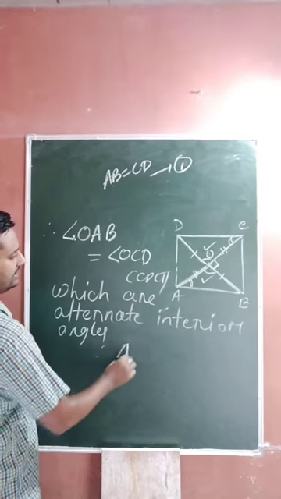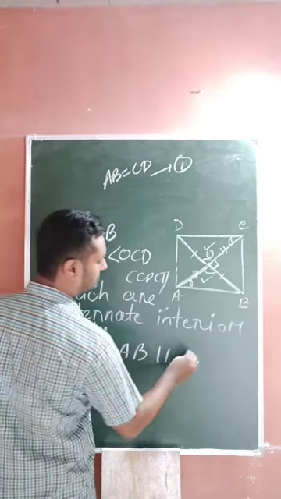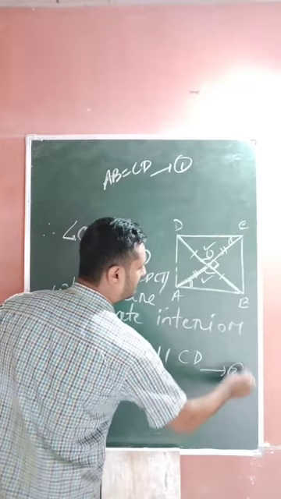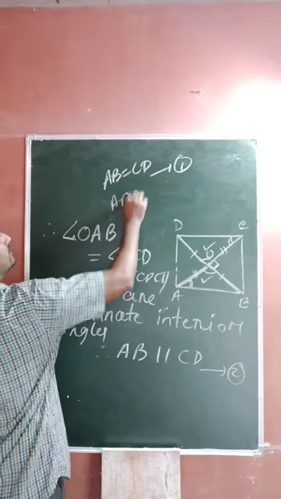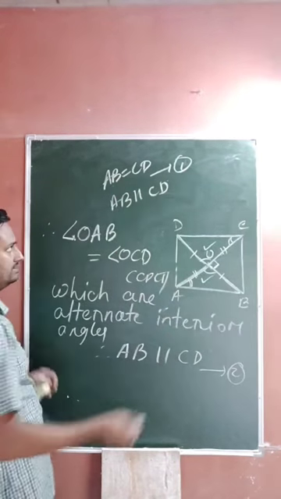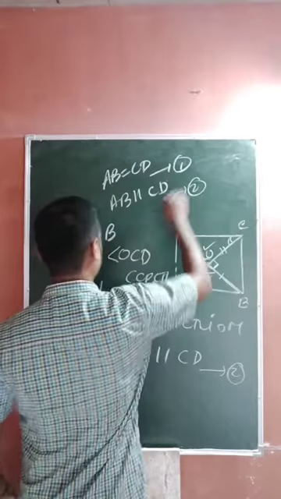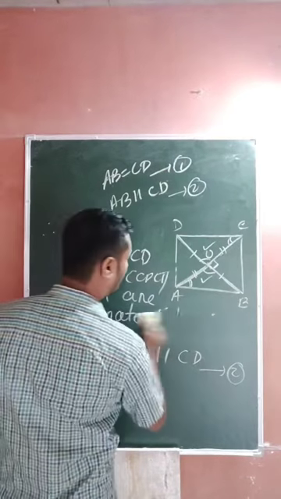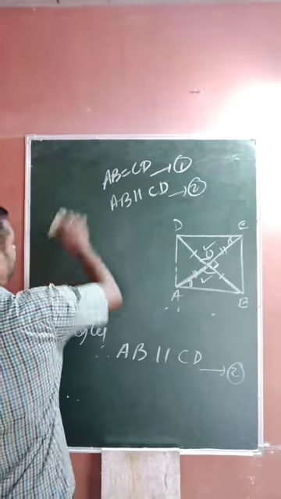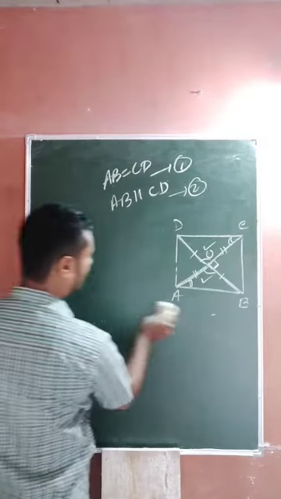So therefore AB must be parallel to CD. Give number 2: AB parallel CD. So from 1 and 2 you can directly say that ABCD is a parallelogram.